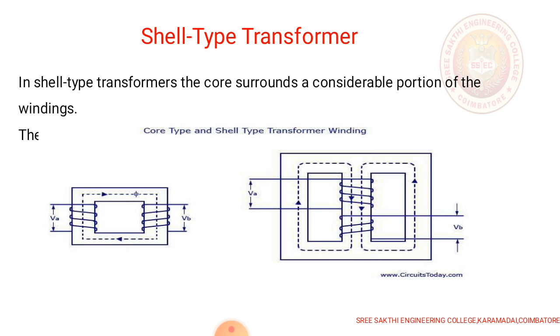The lamination is cut in core type transformer in the form of L, I and U strips. In shell type transformer, the lamination is cut in the form of long strips, that is in the shape of E and I. Moreover, in core type transformer, there is equal distribution of flux on the limbs, but in the shell type there is unequal distribution on the limbs.